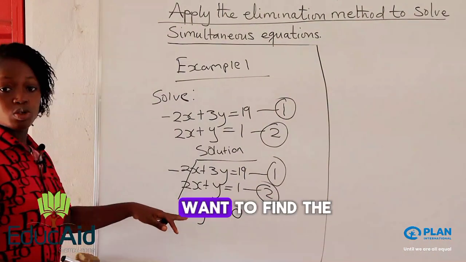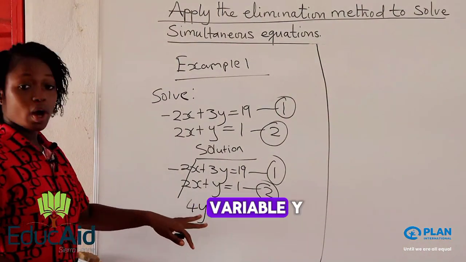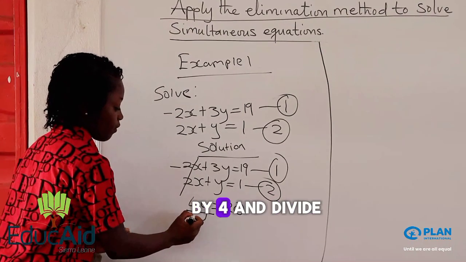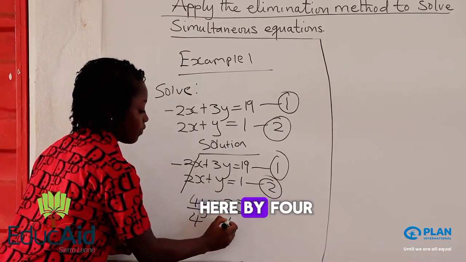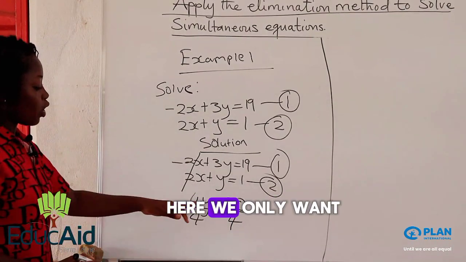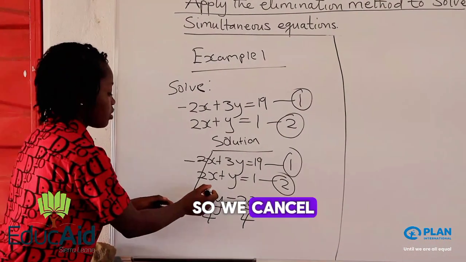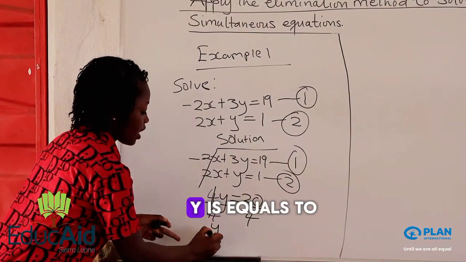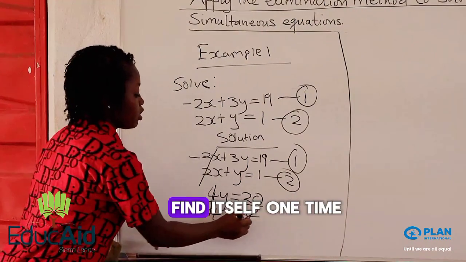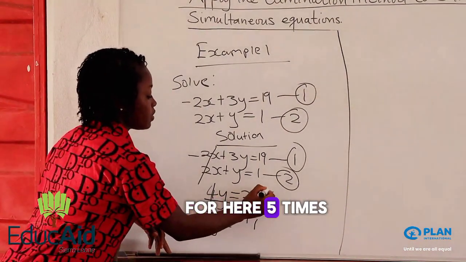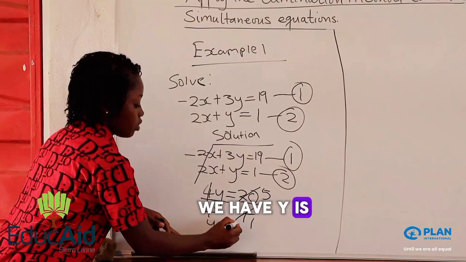But here we only want to find the variable y. So we divide here by 4 and divide here by 4. Here we only want to find the variable y, so we cancel. So therefore, y is equals to 4 into itself 1 time, 4 here 5 times. So we have y is equals to 5.